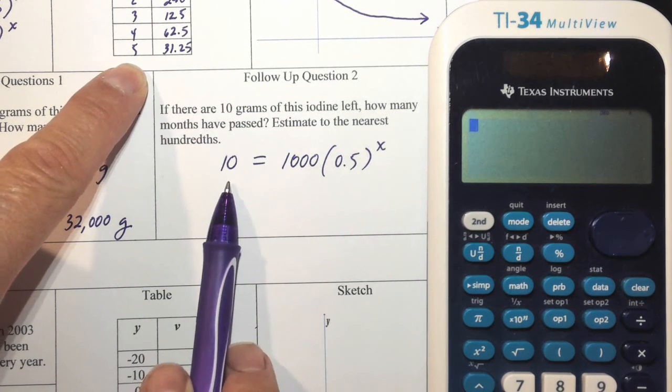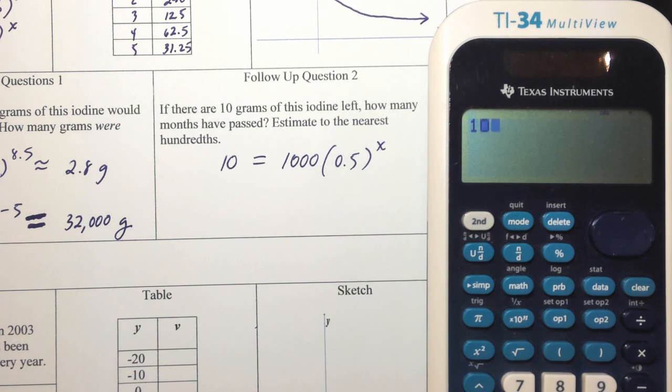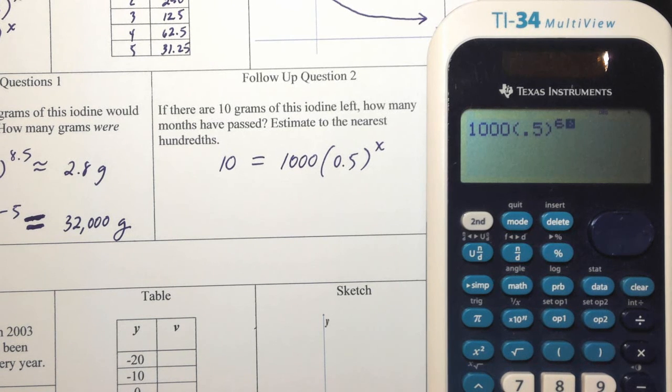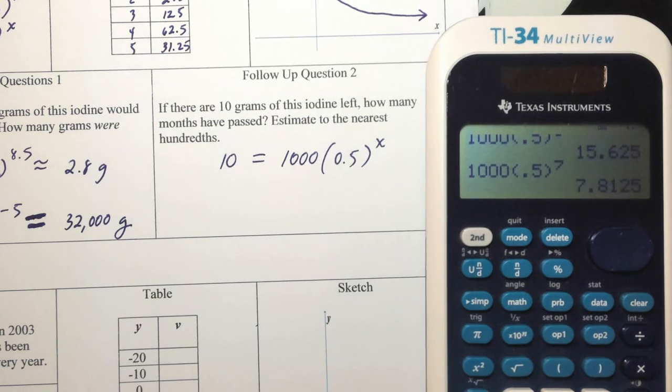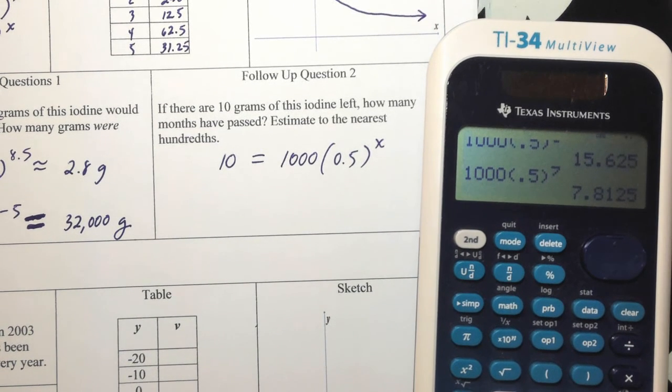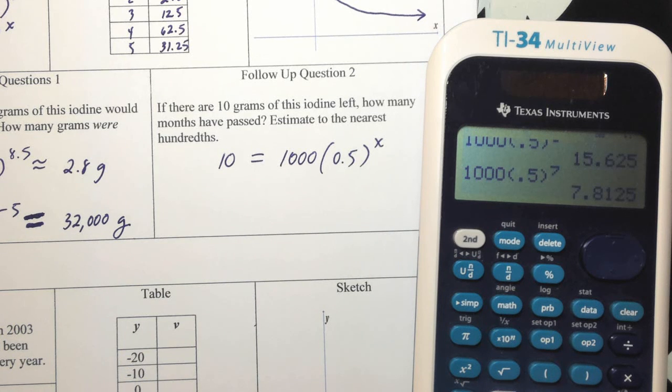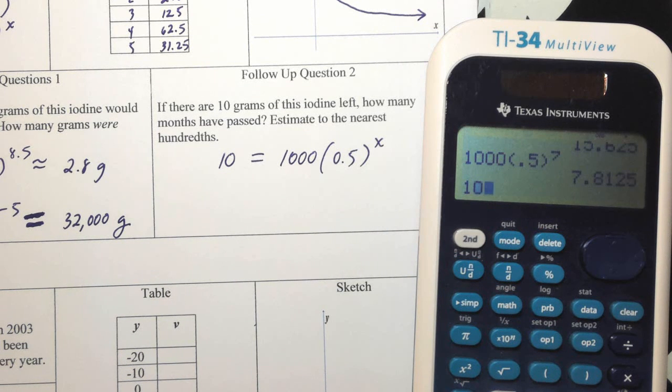I'm going to go 6. I'm going to try 6 first. So 1,000 times 0.5 to the power 6. How about after 6 months? Nope. Let's try 7 months. After 7 months. So somewhere between 6 and 7. I'm going to try 6.6. Let me try 6.6 months.